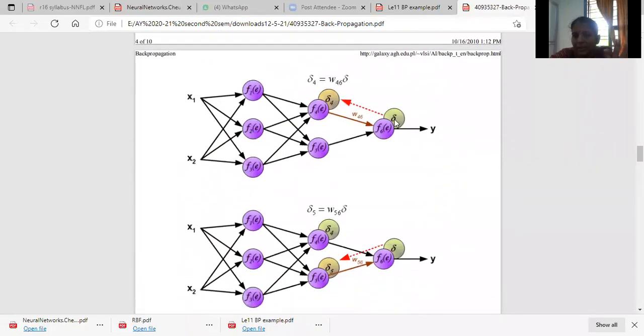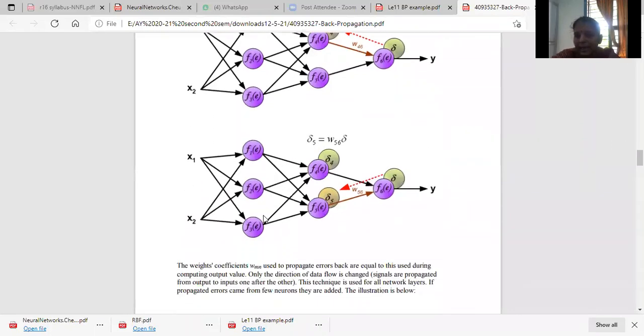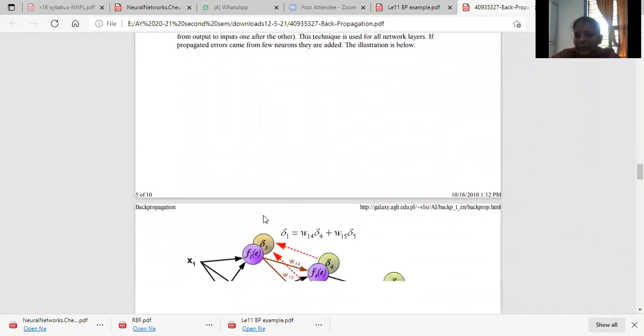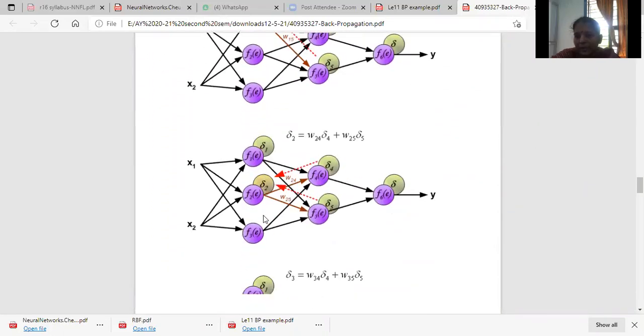You have already learned this in your last class. You are transmitting the error to all the neurons in the hidden layer as well as to the input layer.